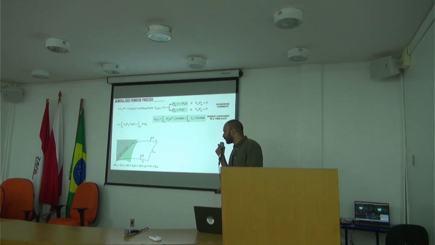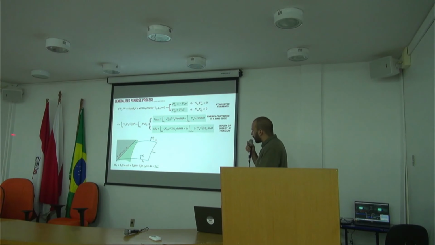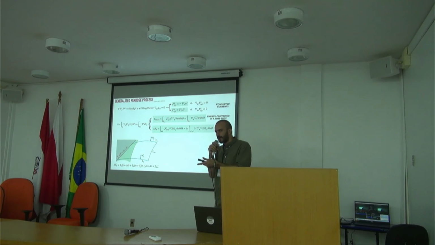And what we obtain when we compute the flux over the time slices are basically the energy contained in that time slices, which means the energy contained in the space-time at that precise moment. We can also compute the integral over this gray surface, and what we will obtain is the influx of energy at the event horizon.